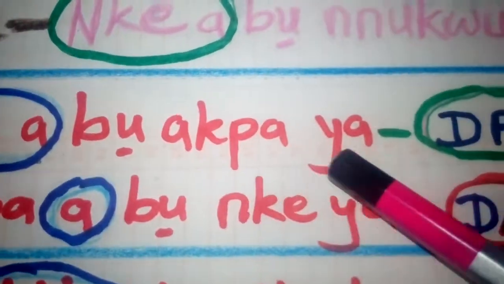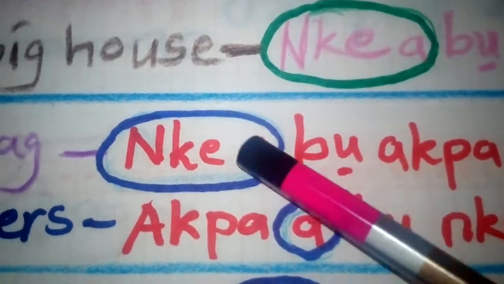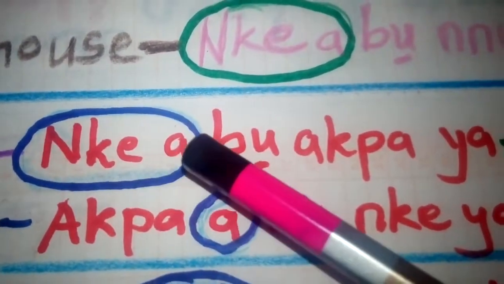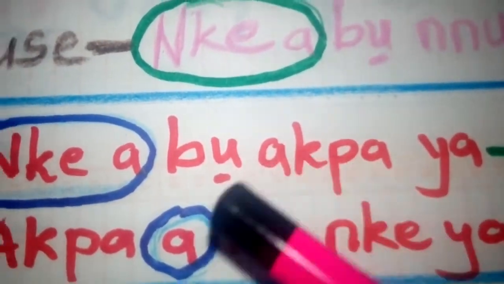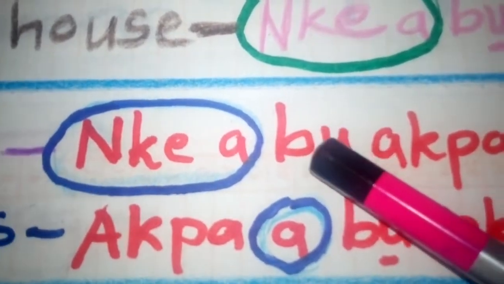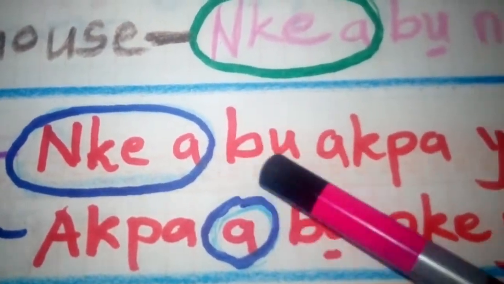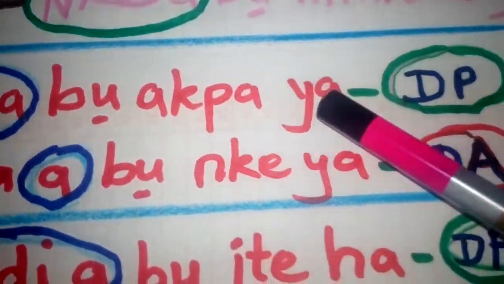Nka bo abaya. You see, in the Igbo language, remember, the demonstrative pronoun comes before the noun. The noun is aba. Bo is the linking verb. Nka bo abaya.